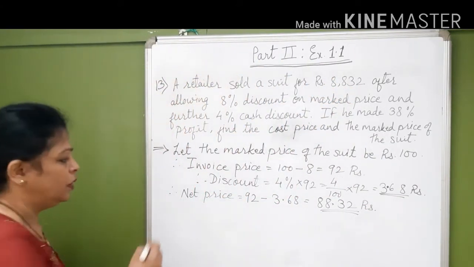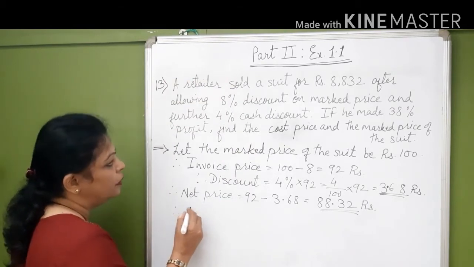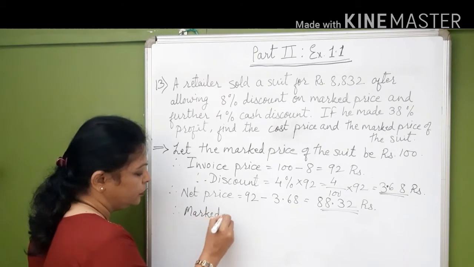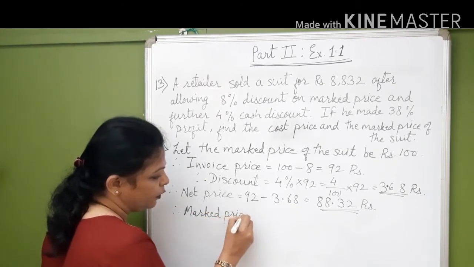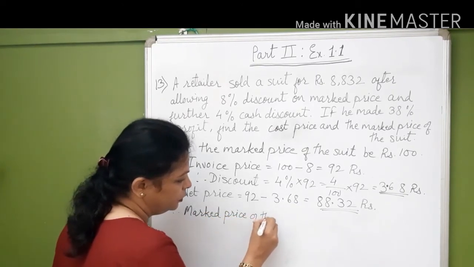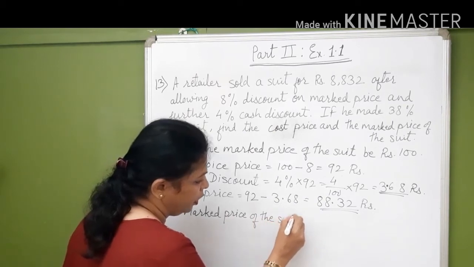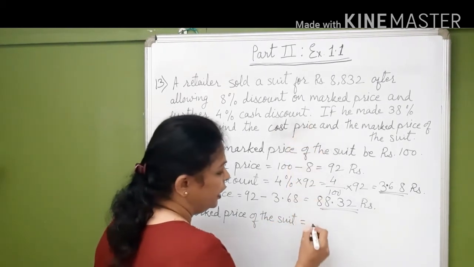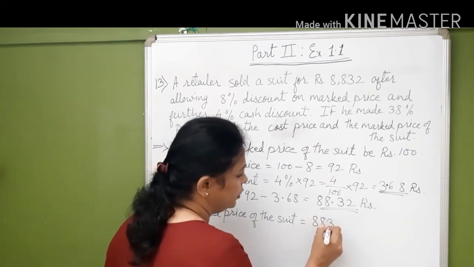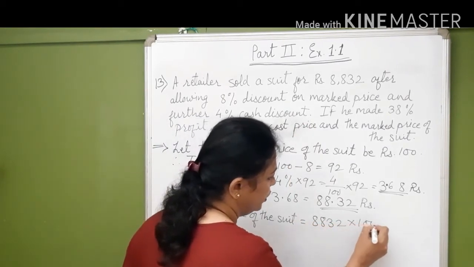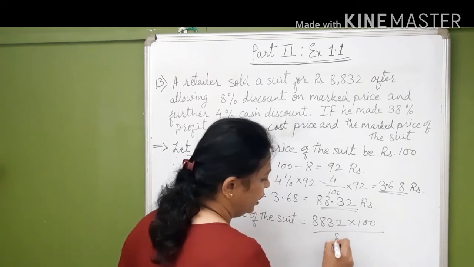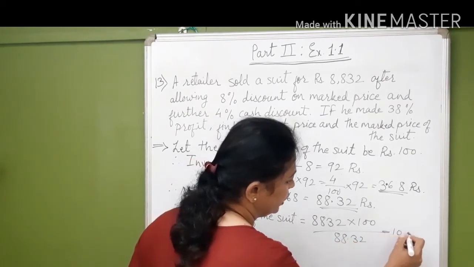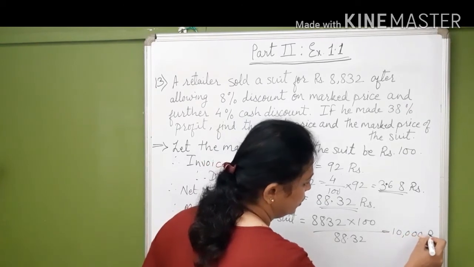Very simple. So therefore, mark price of the suit will be, how much is that? 8832 into 100 upon 88.32. So that comes to 10,000 rupees.